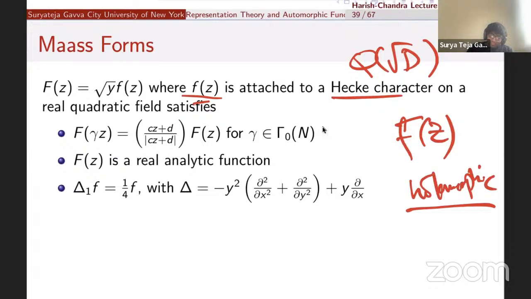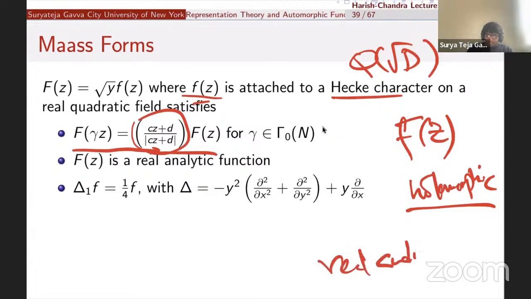And they satisfy slightly different periodicity conditions on the automorphy. F of gamma z is, for instance in this case, instead of cz plus d to something, it's cz plus d over the absolute value of cz plus d, the factor is slightly different, times F of z. So this is a real analytic function which satisfies this slightly different automorphic condition, and in fact they also satisfy some extra differential equations.